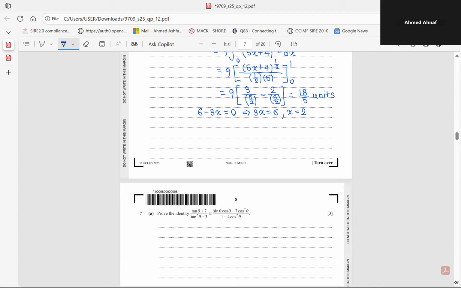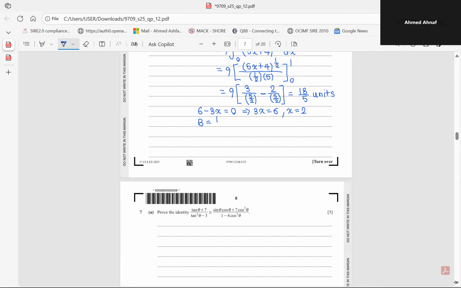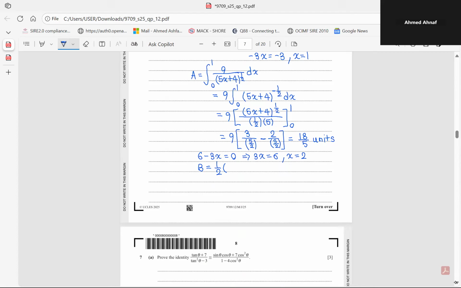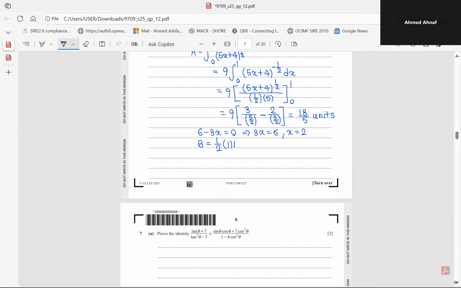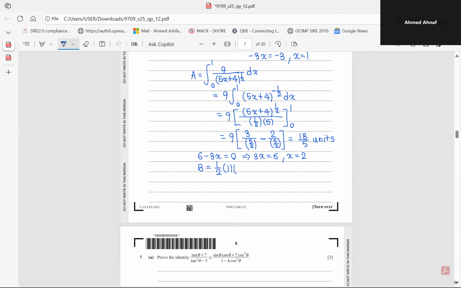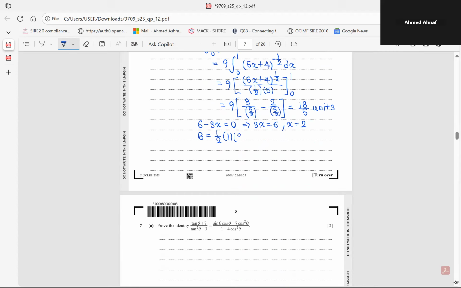So hence B is half times the base, which is 1, times 3, which is the height. So this would be 3 over 2 units squared. Sorry, this is supposed to be units squared.